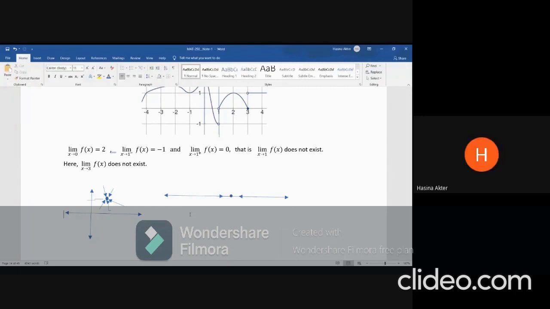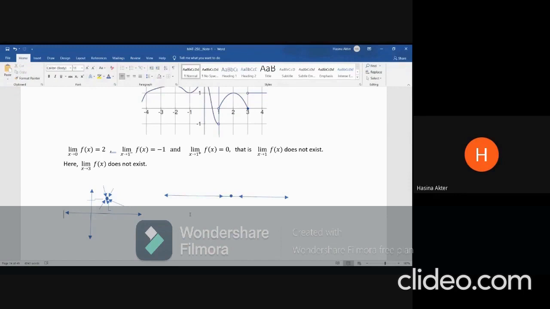So that means if I want to claim that from any direction the limit is the same, I have to be tricky. I cannot evaluate the limit from each and every direction. It is impossible because we have infinitely many directions.